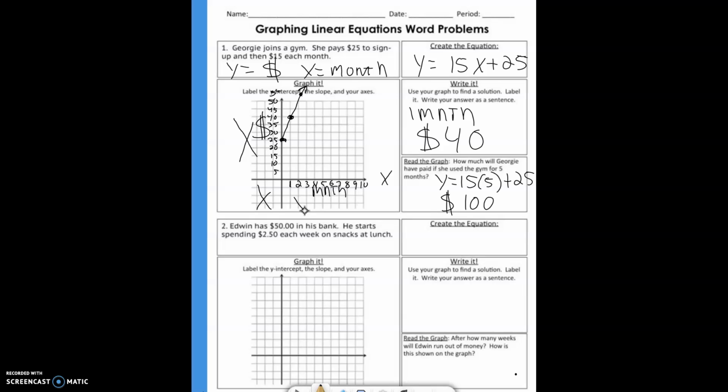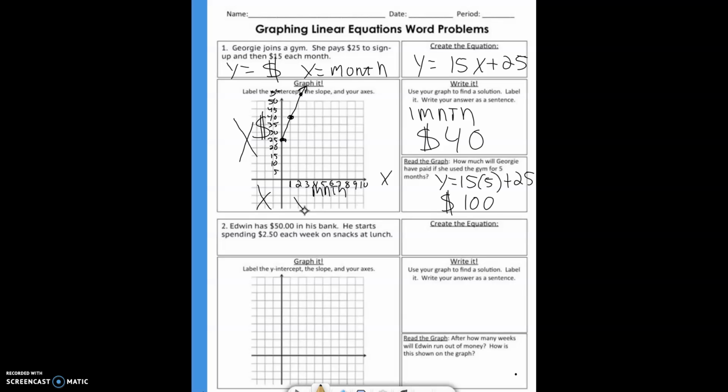Let's look at another one. We've got Edwin, and Edwin has $50 in his bank, and he starts spending $2.50 each week on snacks. So what we're going to do is figure out the cost.